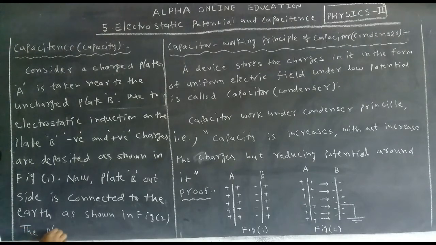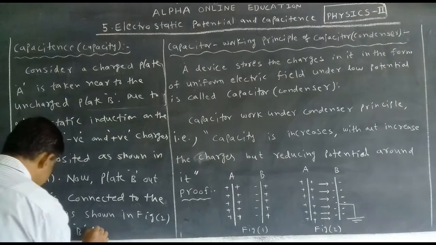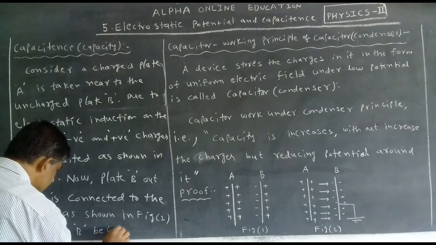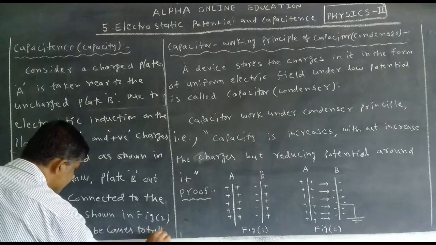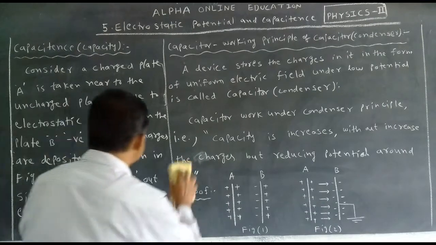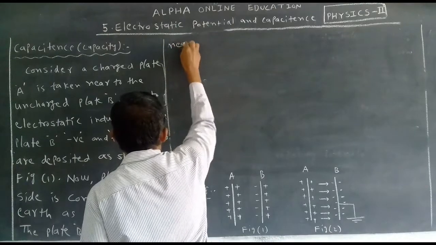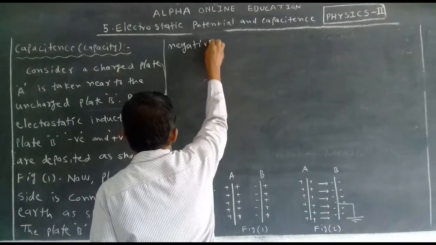The plate B becomes totally negatively charged.